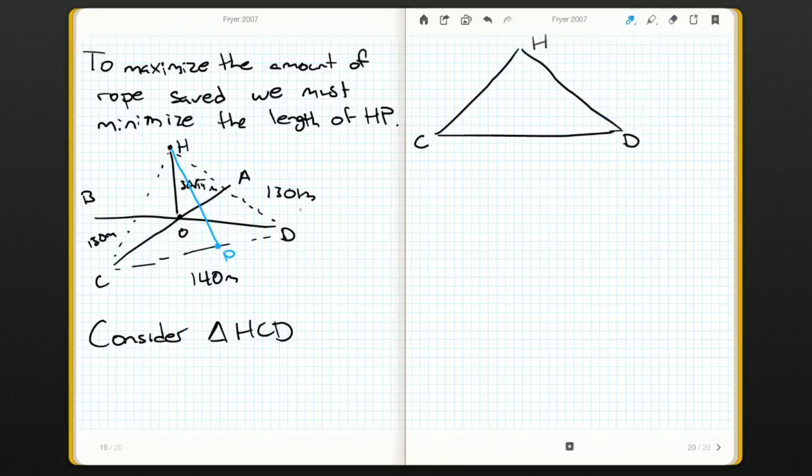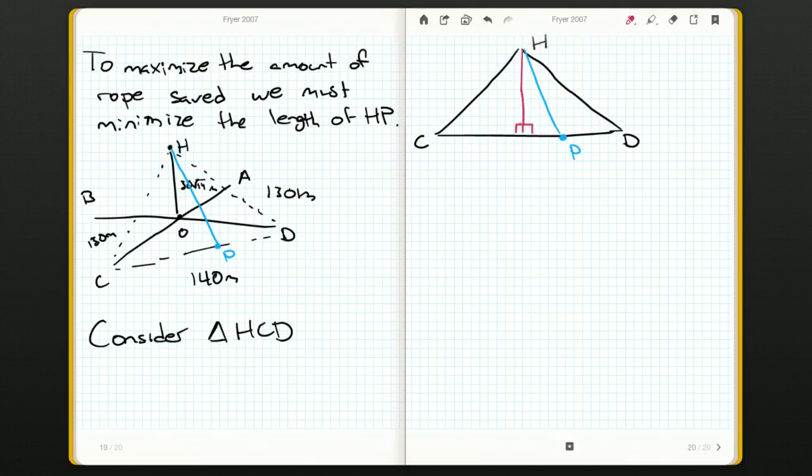So P will be somewhere along here. Let's say it's over here. Now let's drop another point Q down here so that Q is an altitude of the triangle coming from H. Because if you want shortest distance between a point and a line, you want the perpendicular, the altitude here.